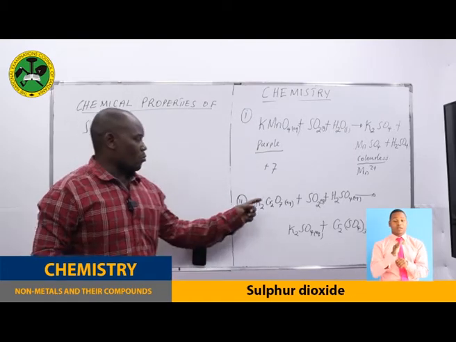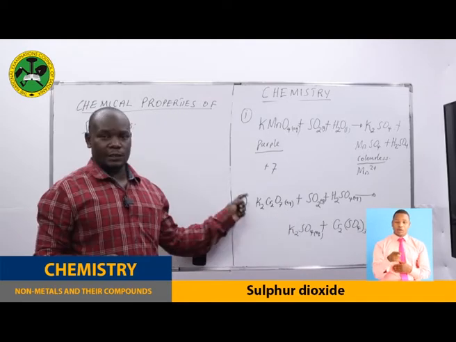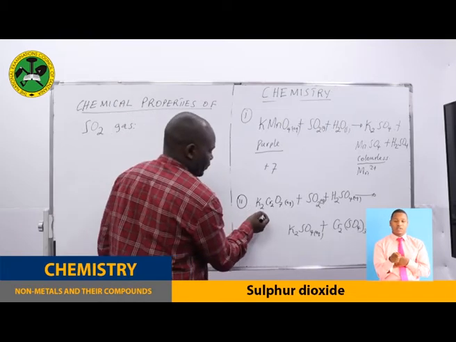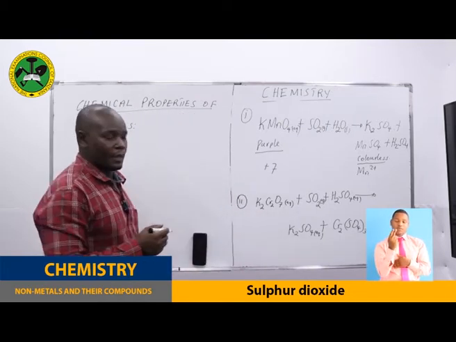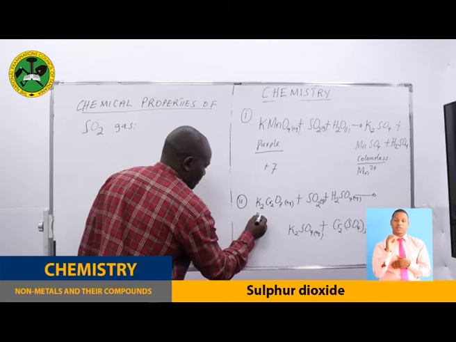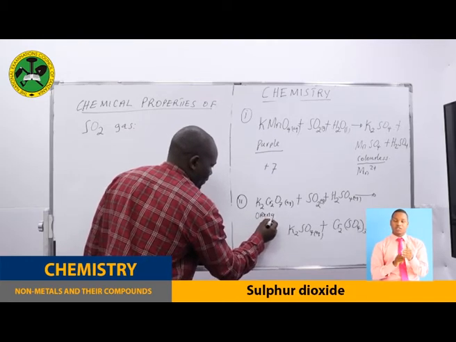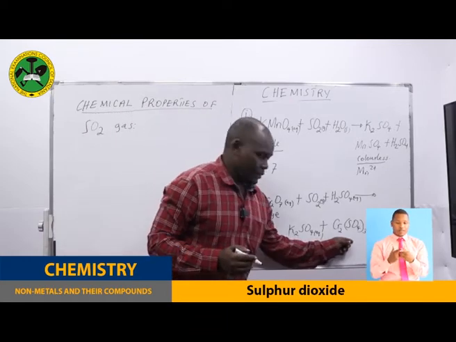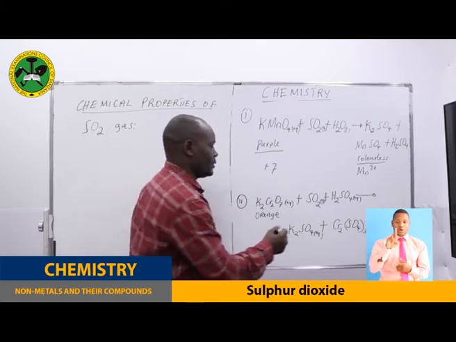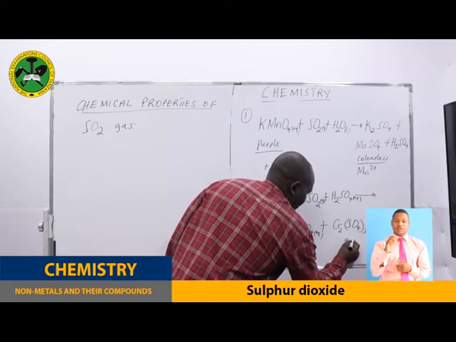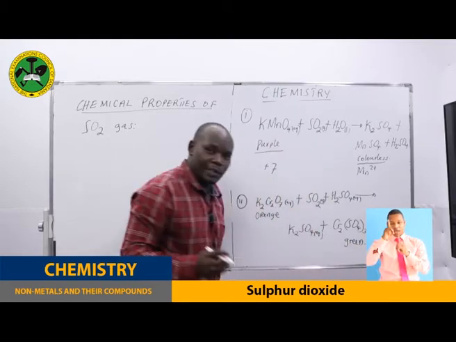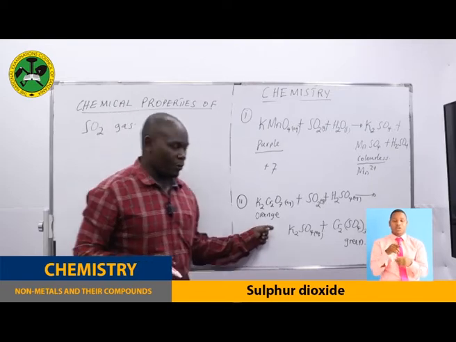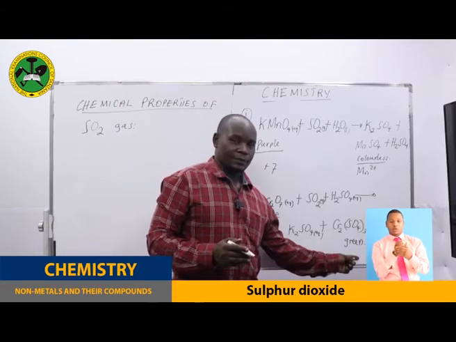But what is observed in this reaction is that the potassium dichromate is orange in color, but the chromium sulfate is green. So there is a change in color during the reaction from orange to green.